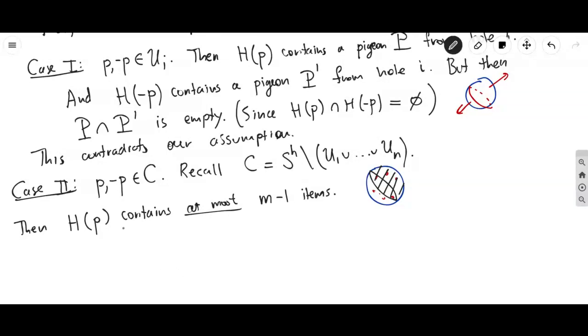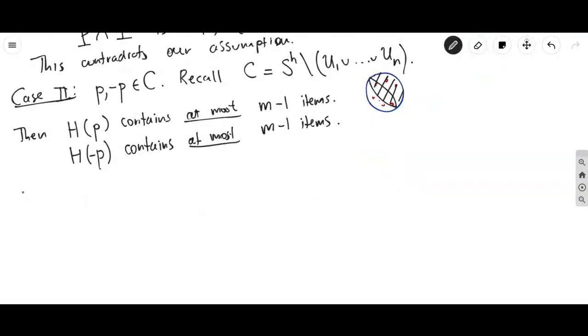And in a similar way, H minus P, that's the other side, contains at most m minus 1 items. So thus, the equator. What's the equator?